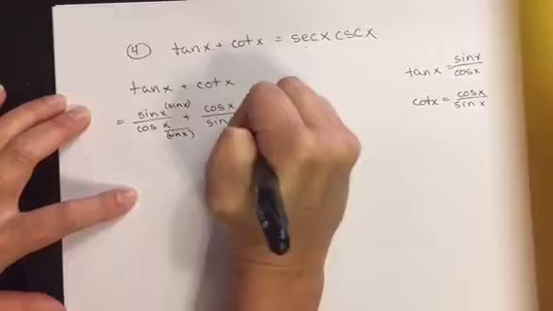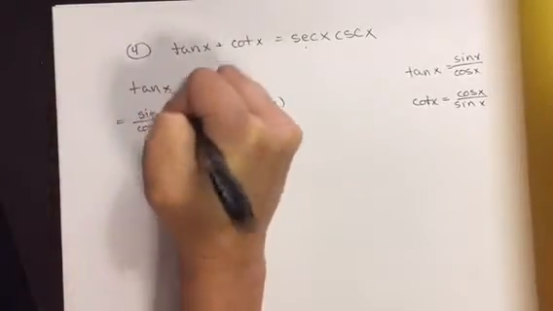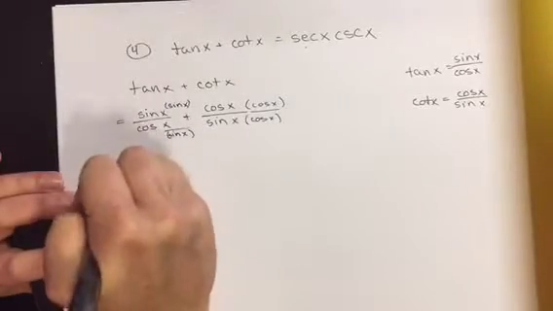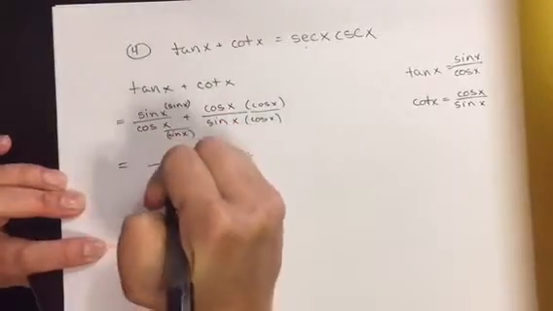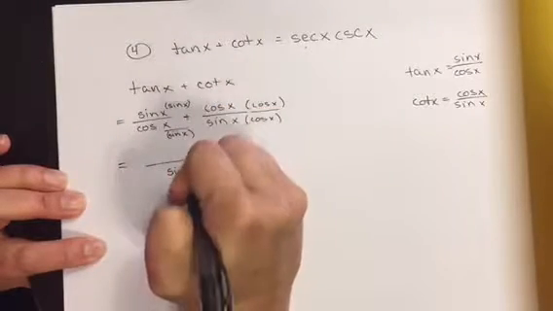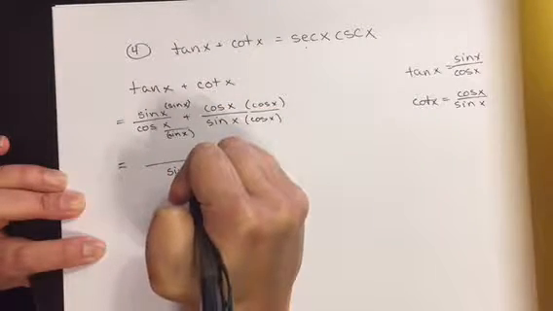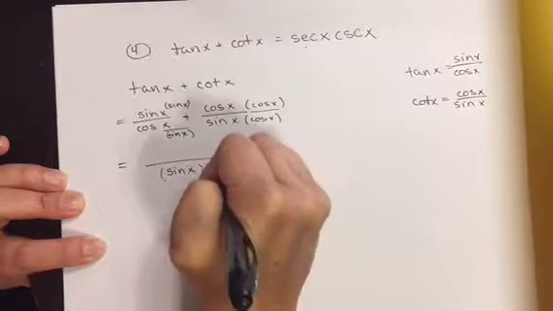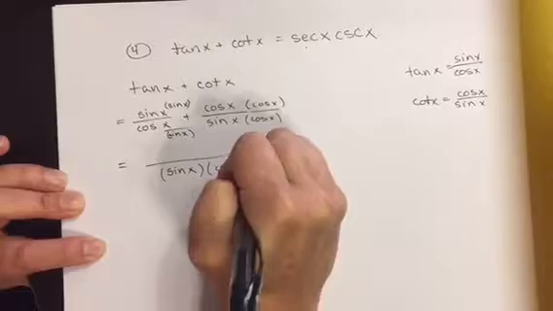Hopefully you can see here that this is a fraction. Okay, so let's go ahead and simplify here. So my common denominator is going to be sine x times cosine x.